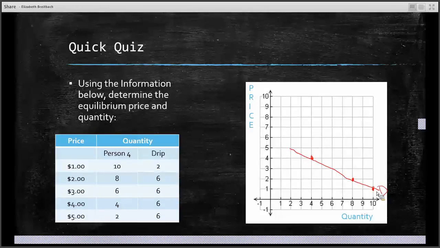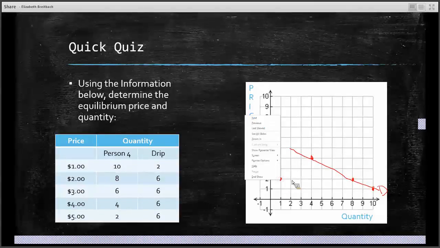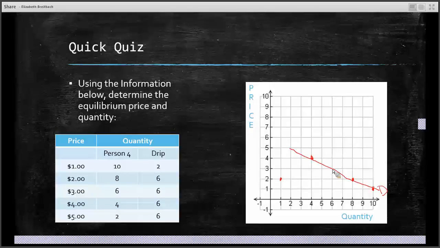For Drip, we do know that it has very inelastic supply, but we can still draw in that supply curve. So at $1, we supply 2 units. And then for every other price, the quantity that we supply is going to be the same, at 4 and 5.